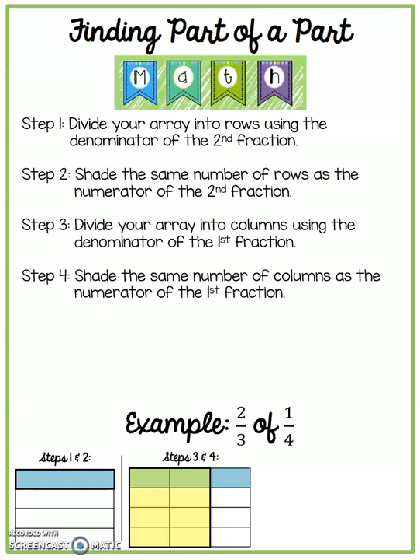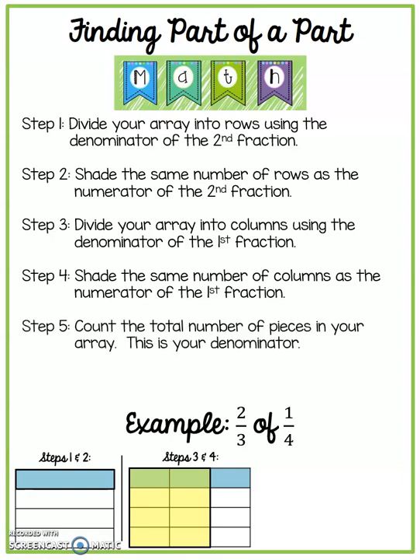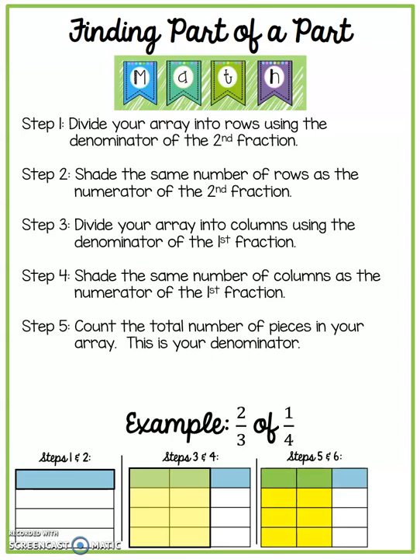Now I can use this picture to help me figure out my final answer. First, I'll count the total number of pieces in the array, and that will tell me my denominator. And that makes sense because I know that the denominator of a fraction tells me the number of equal sized pieces it takes to make up one whole. So in this entire model, I have 12 small equal sized slices.